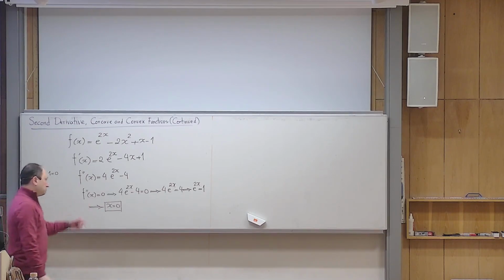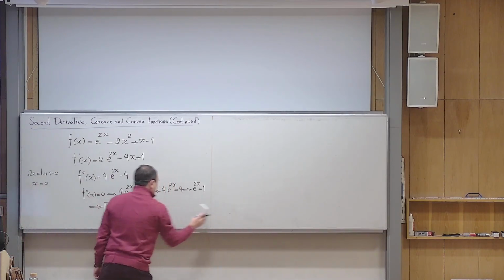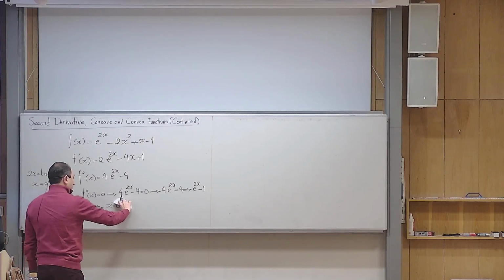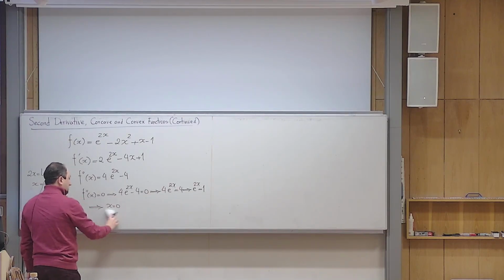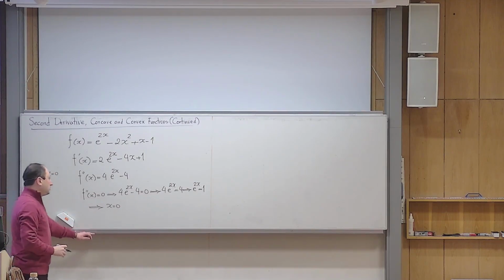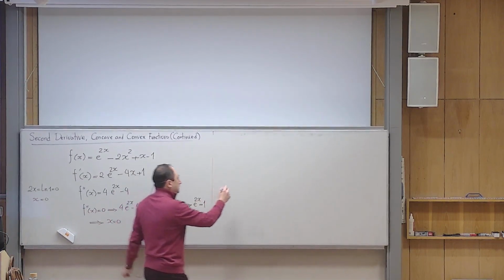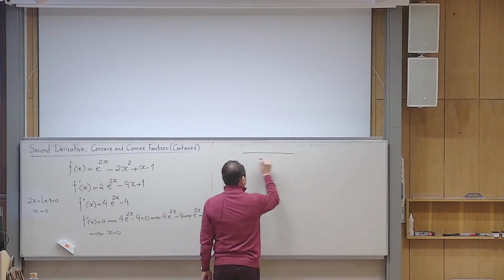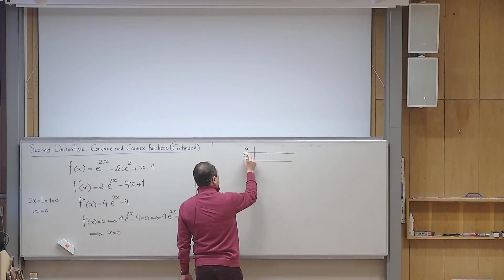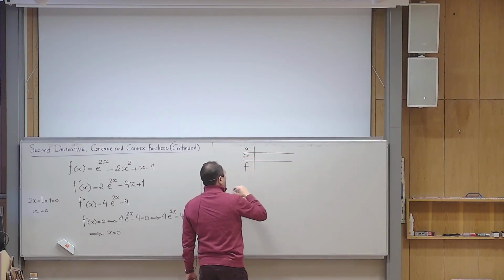Okay, but it is better not to put it in a box, because when I put it in a box, you get the feeling that I have accepted that. This is just a candidate for the time being, okay? In order to understand that, I have to set up the table. The table consists of 3 rows. The first row is x, the second row is f double prime, and the last row is f.